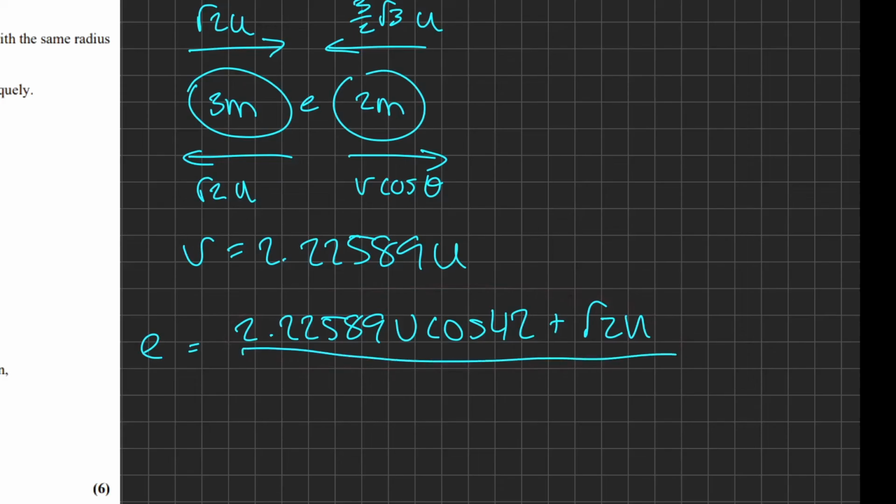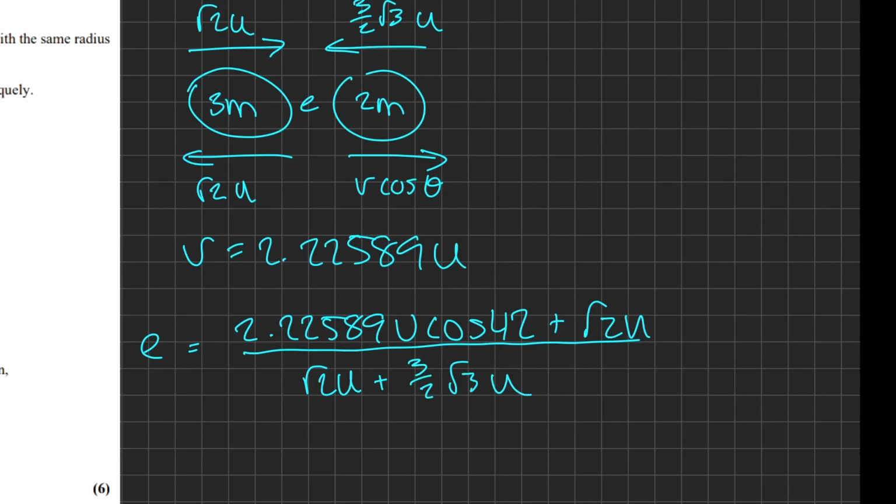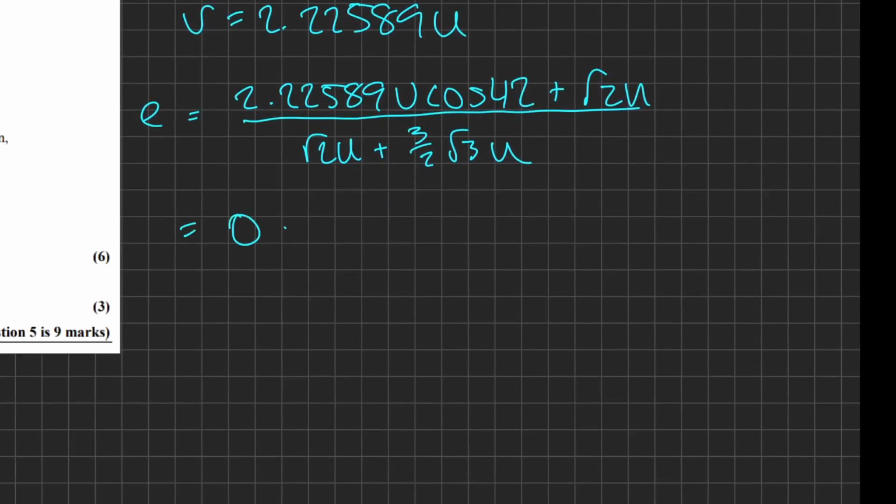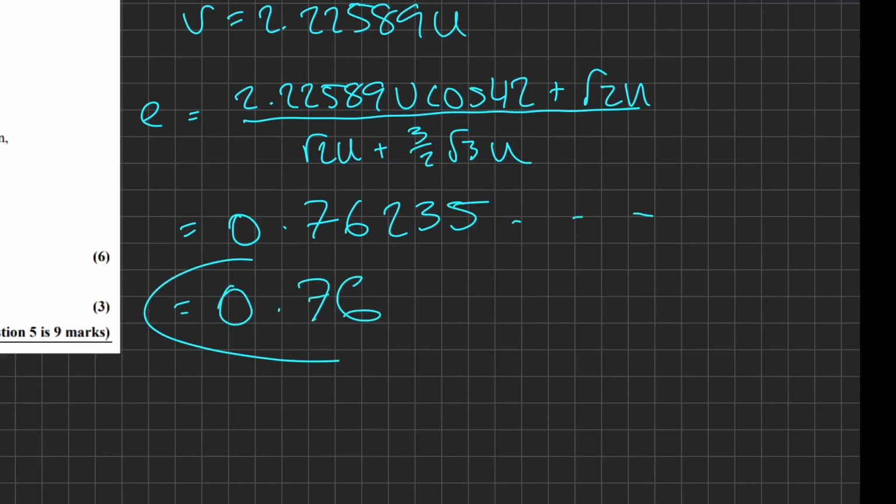And that's divided by the speed of approach, which is root 2 u, once again, plus 3 over 2 root 3 u. The reason we add these is because these are once again moving in the opposite direction. And when we do that, we get 0.76235..., which is 0.76 to two significant figures. You could give it to 3, but I've given it to 2.